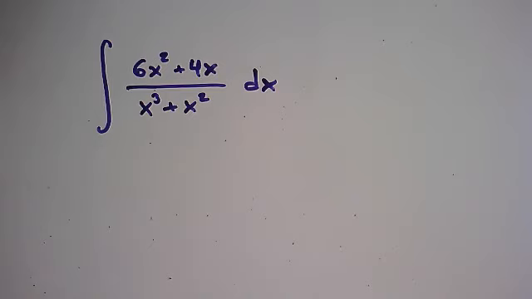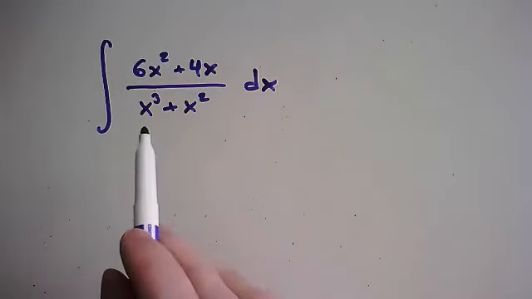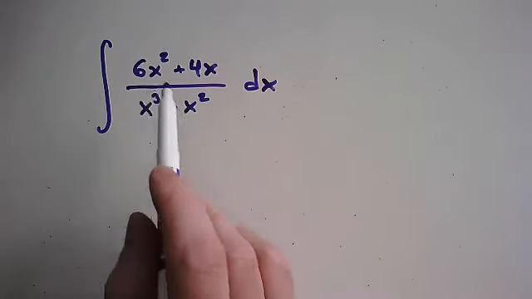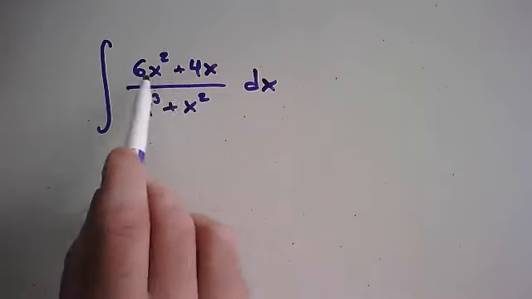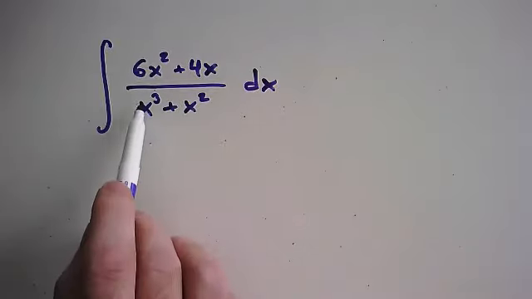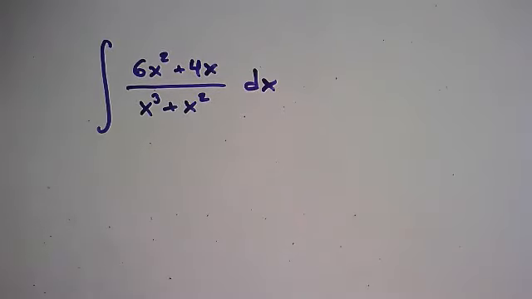A couple comments on this. Just like the other parts of calculus, sometimes doing some simplification before you do the problem is helpful. We can always do algebra first, calculus second. So for this particular problem, one thing I noticed is that in the numerator, both terms share a factor of x, and in the denominator, both terms share a factor of x.